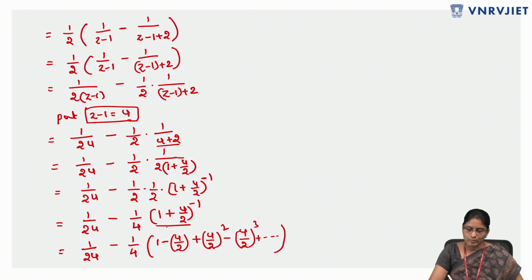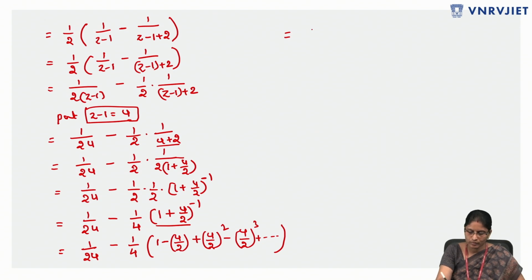This is similar to the expansion of 1 plus x whole power minus 1, which is 1 minus x plus x square minus x cube and so on. But in place of x, here u by 2 is there.